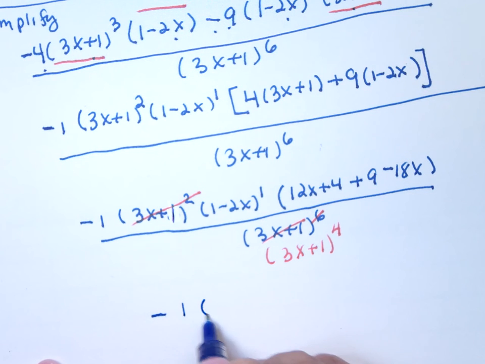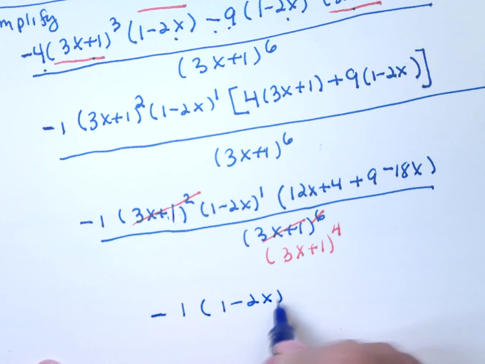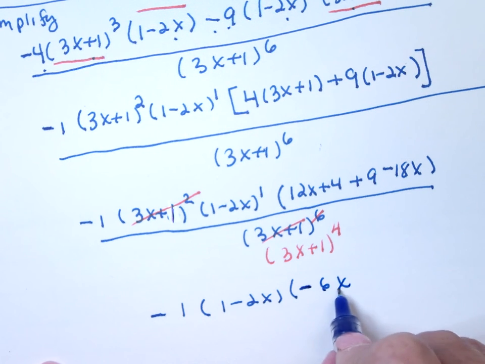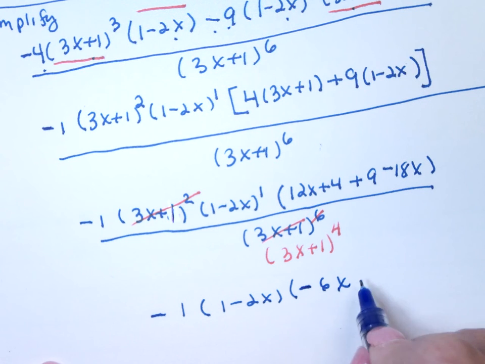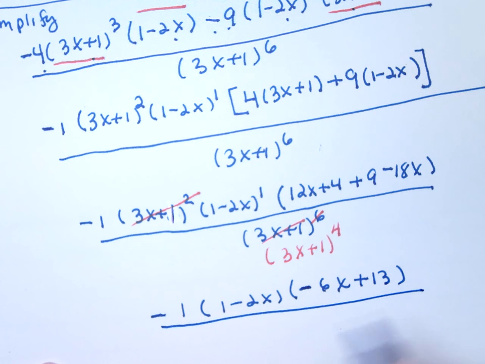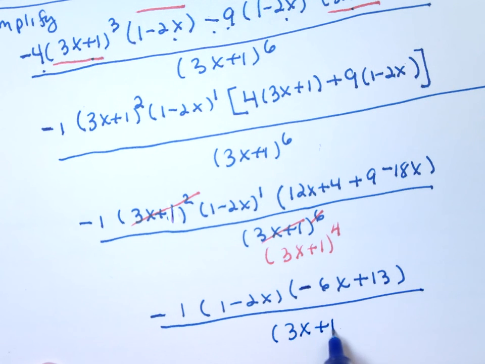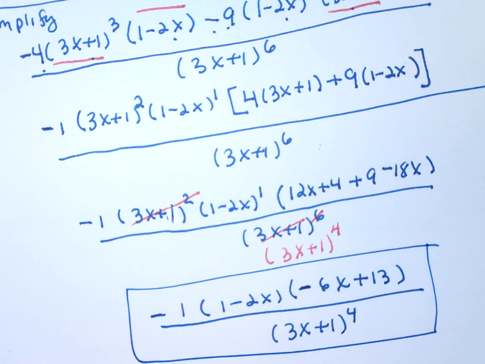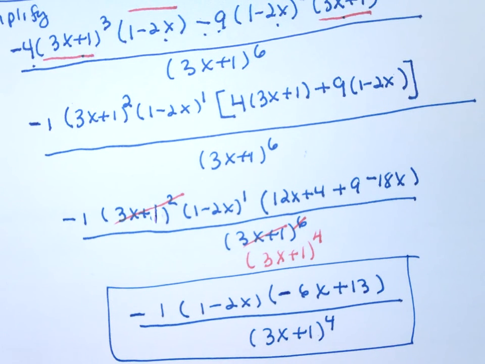Minus 1 times 1 minus 2x times 12x minus 18x is minus 6x, and 4 plus 9 is 13, all over 3x plus 1 to the 4th. There's your derivative simplified. Hang on a sec.